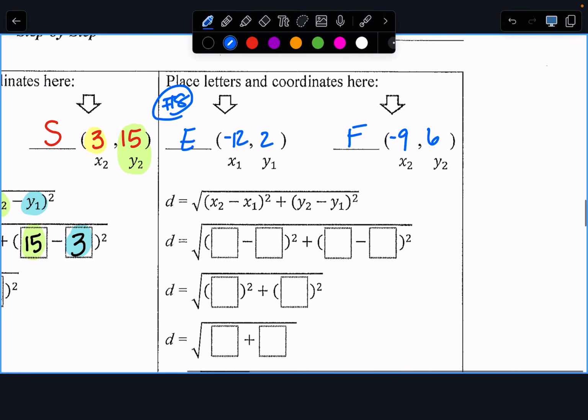Okay, now all we gotta do is fill in boxes. Which one is x2? Negative 9 minus, which one is x1? Negative 12. Okay, then we need y2. Which one is y2? 6. Which one is y1? Okay.